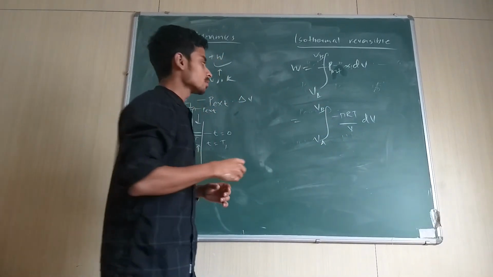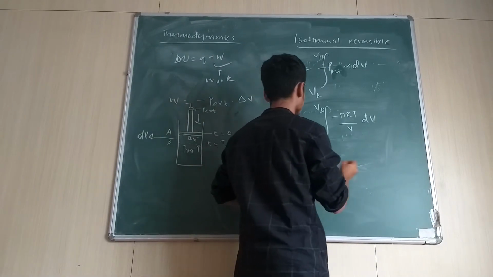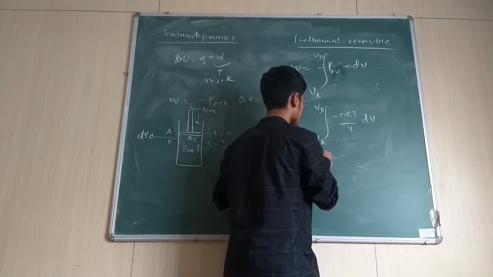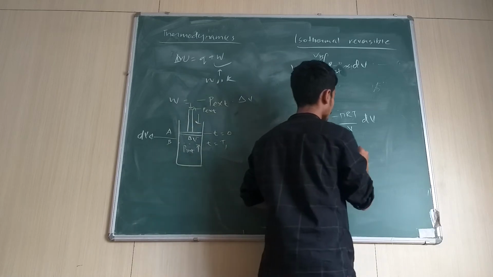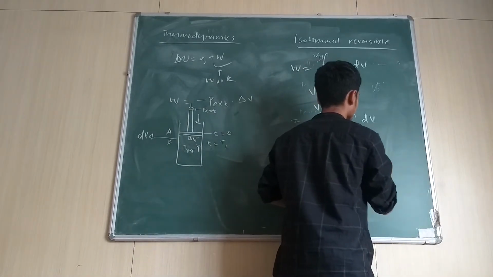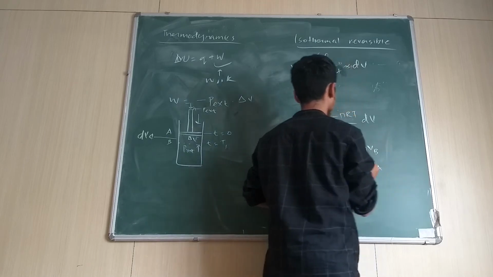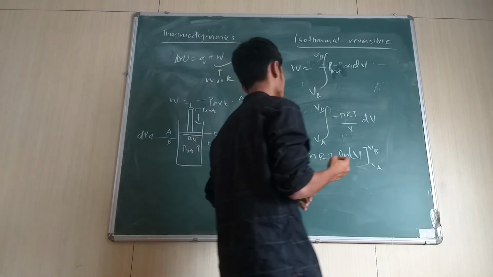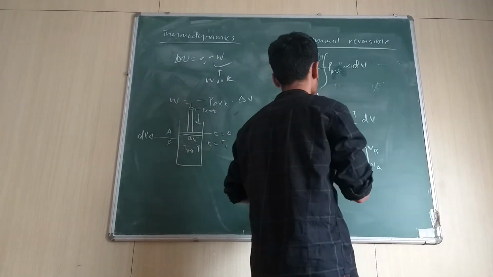If we integrate it, we will get minus of nRT ln of VB by VA.